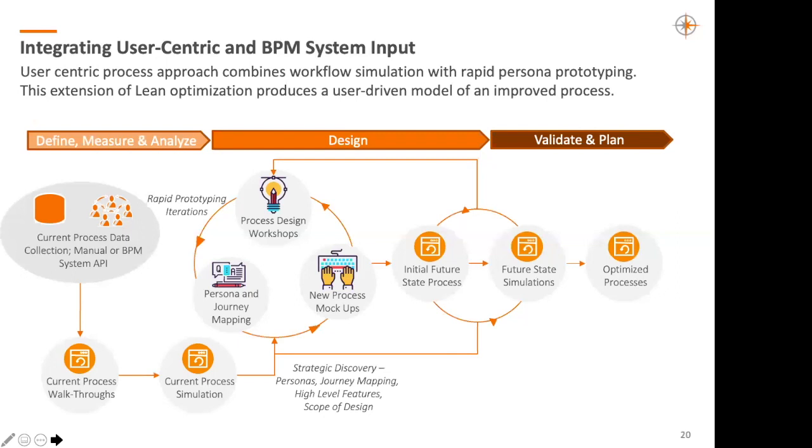And so you've got both the hard data from the BPM system or collected in some other way, and the softer data or needs about the process collected from the user design workshops that you then filter into the future state simulations and scenarios that essentially are the current state simulation tweaked or changed in a way that is proposed either by the group of users you're working with or proposed by the team that's running the actual project.